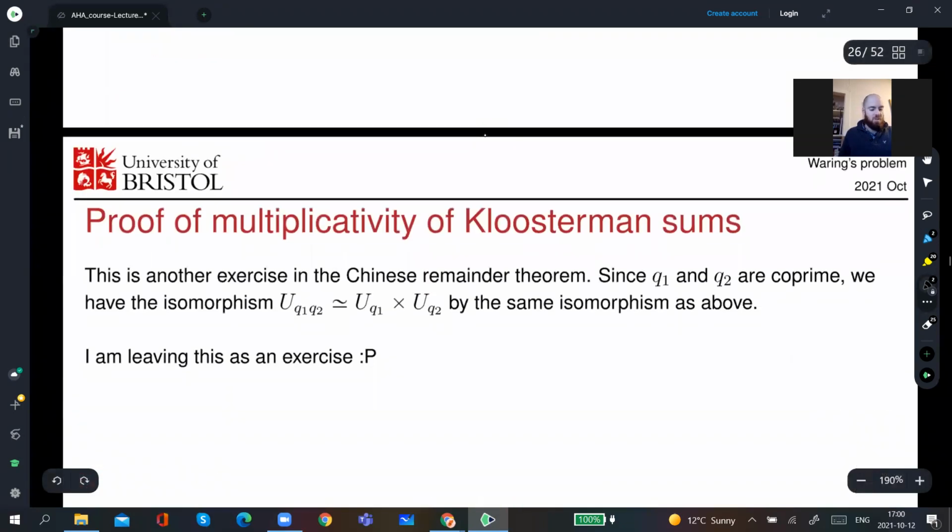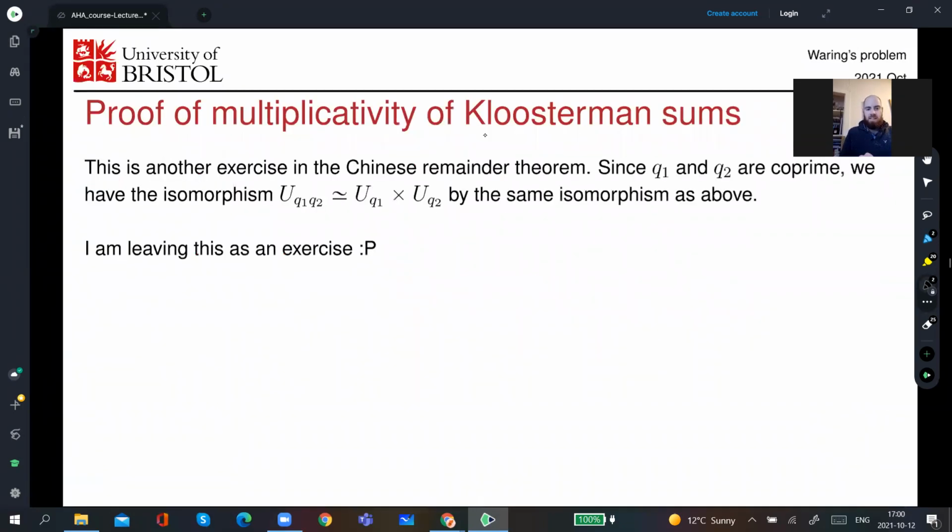Well, I'm going to just now take the easy way out and say that the proof of multiplicativity of Kloosterman sums is an exercise. It's basically the same argument, but you throw in the isomorphism between the unit groups. It's the same isomorphism as before in terms of writing each number as a linear combination of Q1 and Q2.